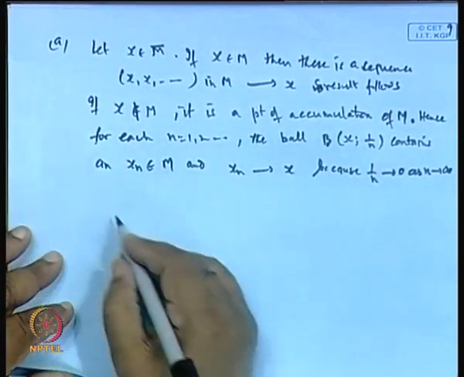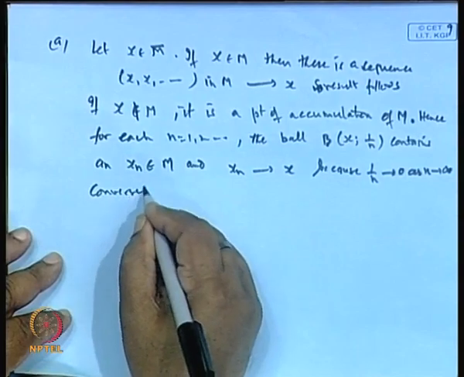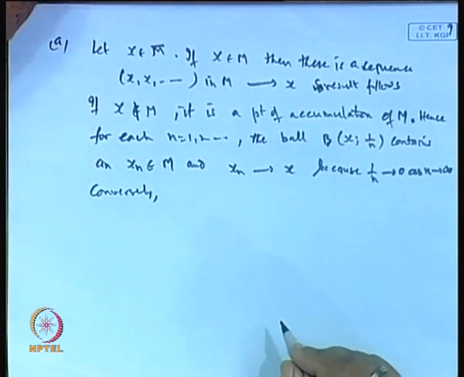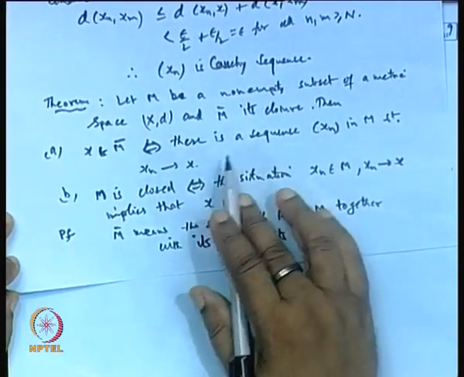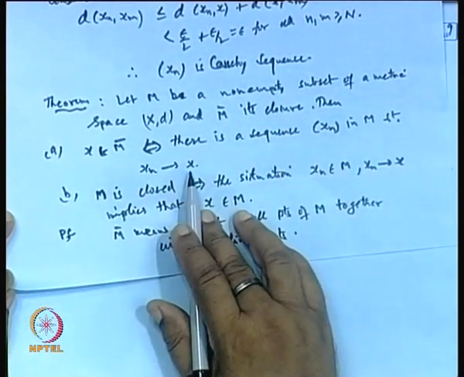For the converse, suppose a sequence x_n in M goes to x, then we prove that x belongs to M closure.